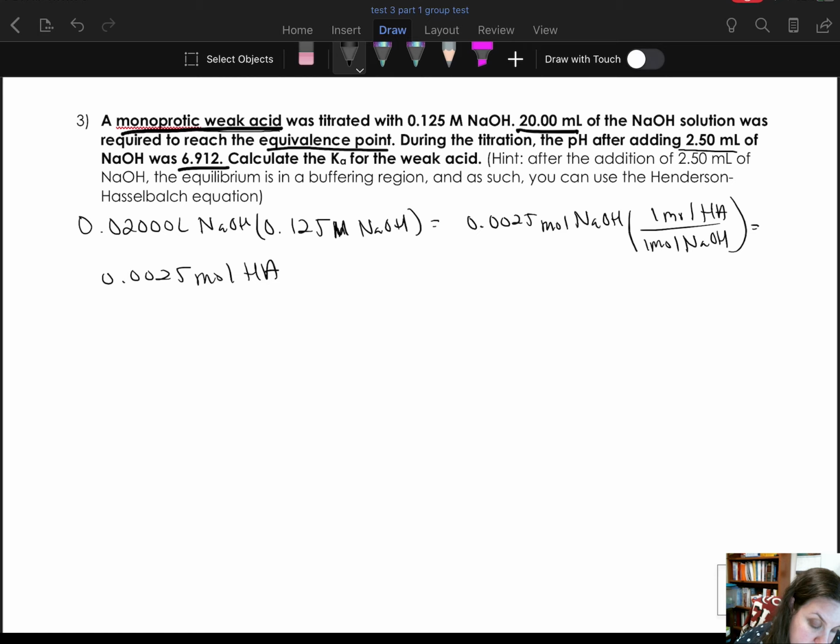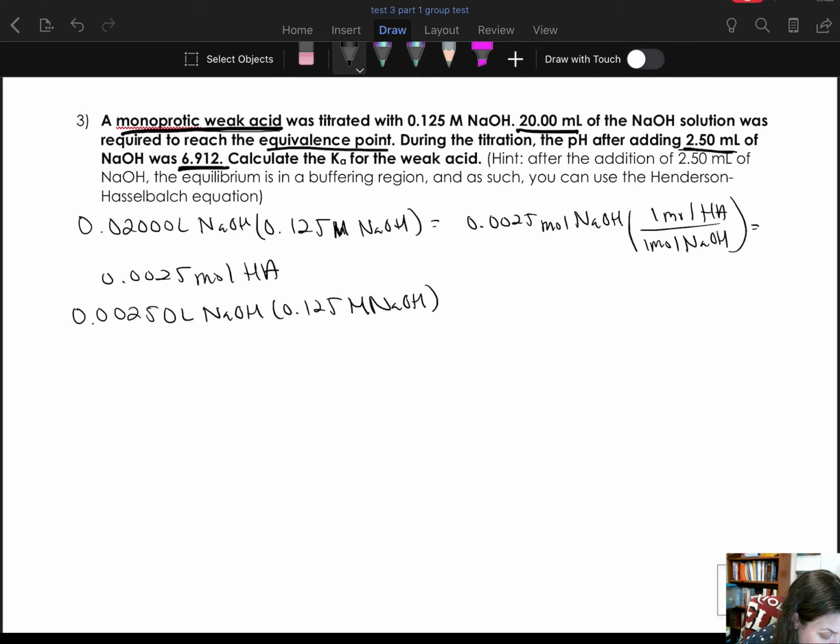Now we also want to look at this point right here. When we're at 2.5 milliliters, we have a pH of 6.912. So I'm going to take my milliliters of sodium hydroxide, convert it into liters, and figure out how many moles I have here.